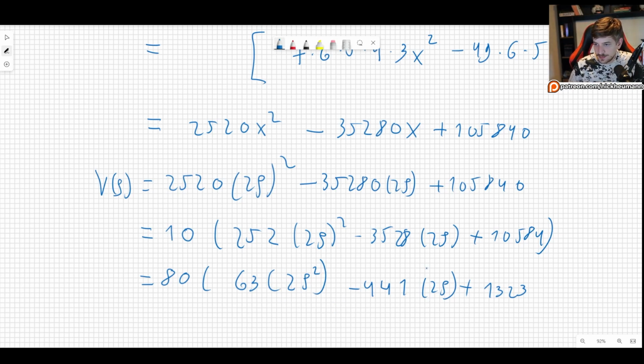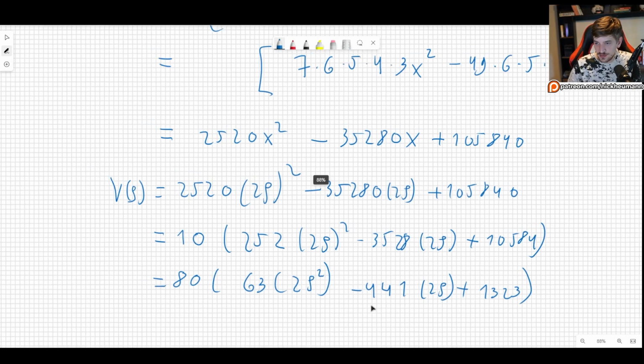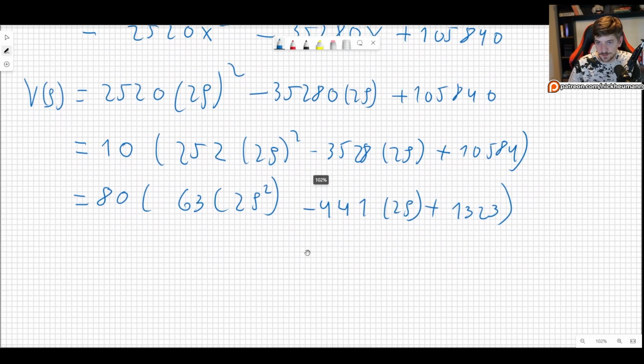Okay, so what can we do now? We can't really factor out 2's anymore. Perhaps we can factor out 3's. So to know if a number is divisible by 3, you just add the digits together, and if they add up to a multiple of 3, then that number is divisible by 3. So these add up to 9, so that is divisible by 3. These add up to 9 as well, so that's also divisible, and so is this one. So all of them are divisible by 3.